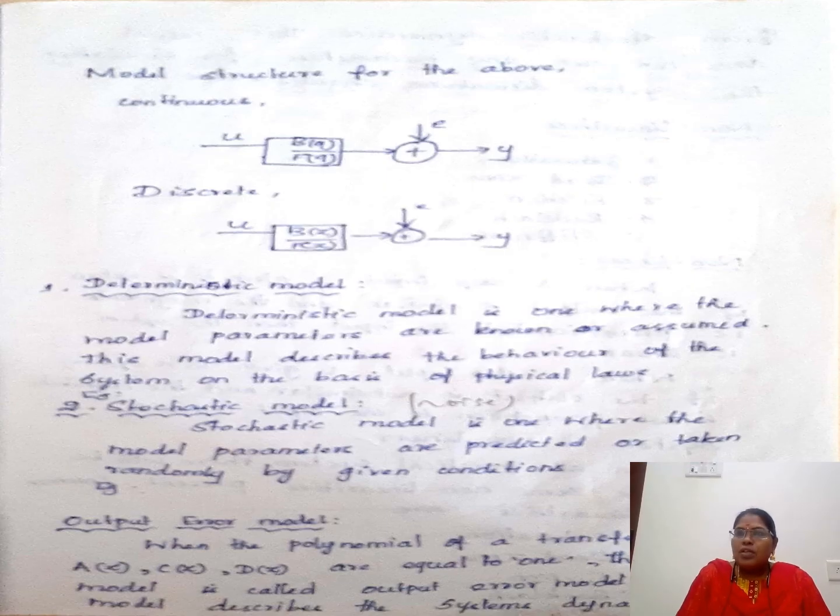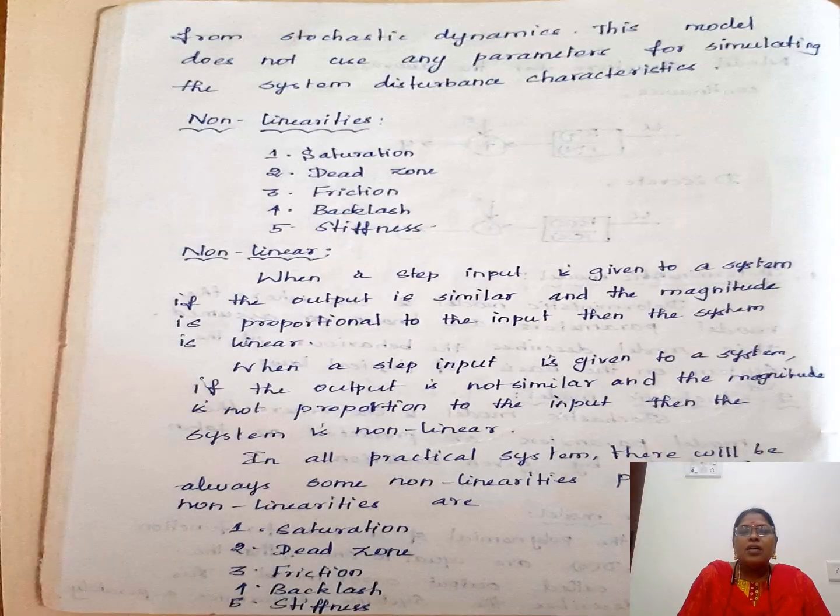In the output error model, in the general equation, you make the polynomials A, C, D equal to 1. Then the equation becomes only B by F plus e of t, and that gives the output error model.